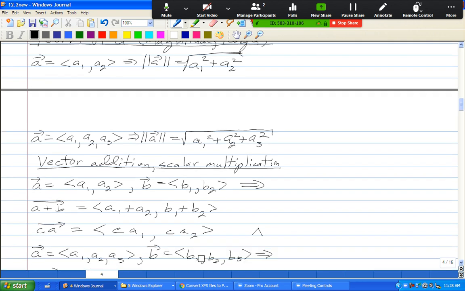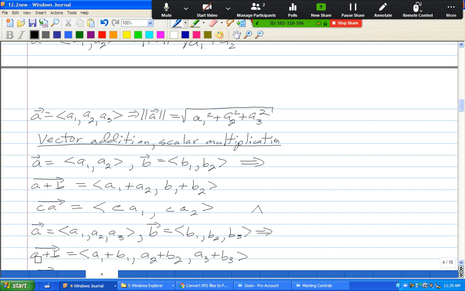Now, you can do the same thing for a three-dimensional vector. Suppose that a has components a1, a2, a3, and the vector b has components b1, b2, b3. Then the vector a plus b has components a1 plus b1, a2 plus b2, a3 plus b3.